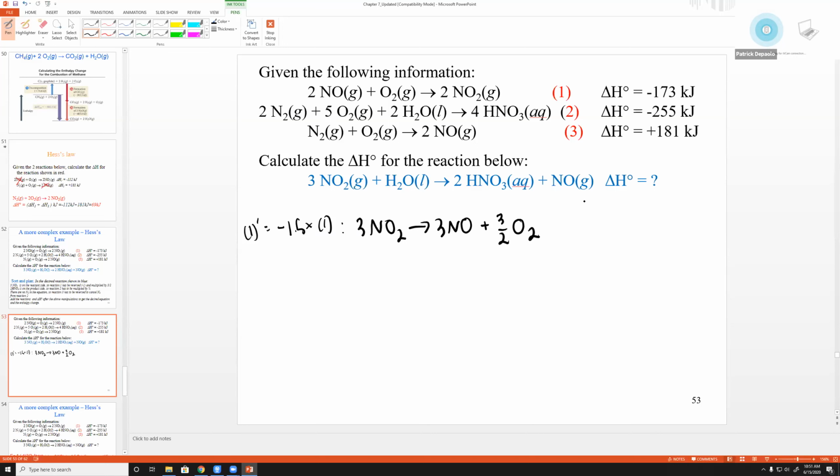And that's going to be our new delta H, it's going to equal 259.5 kilojoules. Okay. Does everybody understand what I did there to get to this equation? This one right here. I multiplied the top one by negative 1.5 to flip it to get the 3 NO2 in the right place.